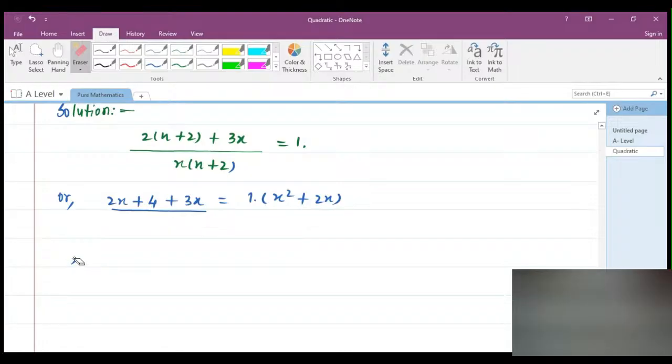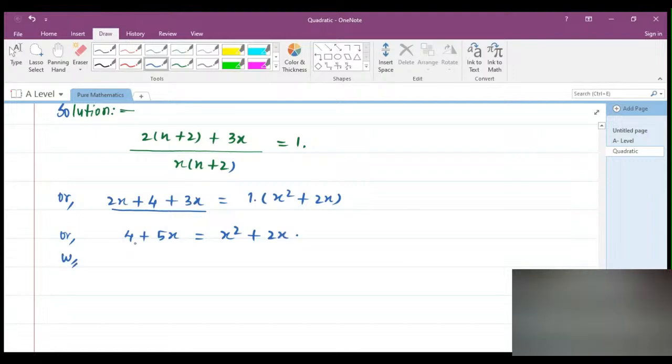So here will be 4 plus, write down here 5x equal to x square plus 2x.